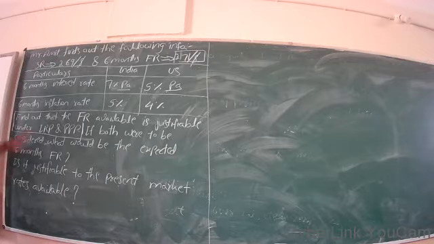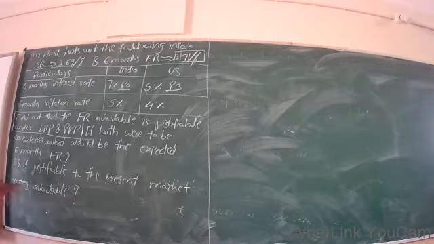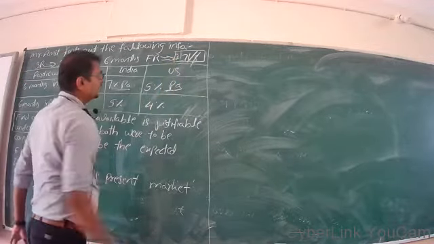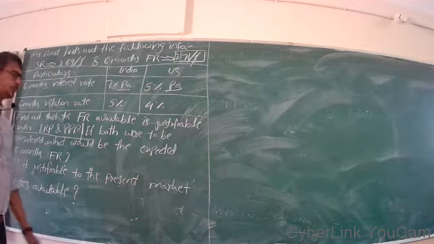Under IRP theory, one forward rate; under purchasing power parity theory, one forward rate. And when you combine both the theories, you get another forward rate. And is it justifiable to present market rates available? That means you have to compare the rate with the actual market rate given in the problem.